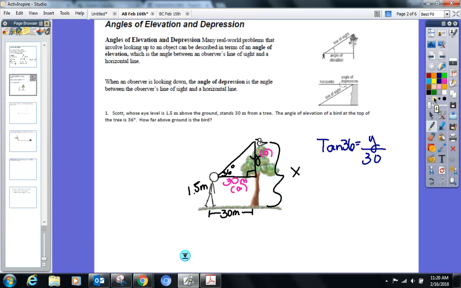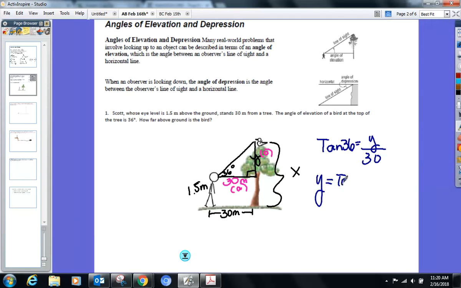I know there are no rounding directions. Well, darn it, I gave that away. Are we done with the problem when I find this answer? No, I'm not. Why did I ask you that? You have to add 1.5. And also what not to do in your calculator right now. Don't round a darn thing, because this is not my final answer when I find this.